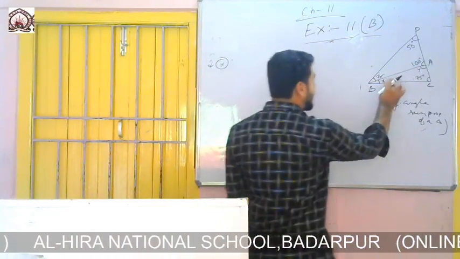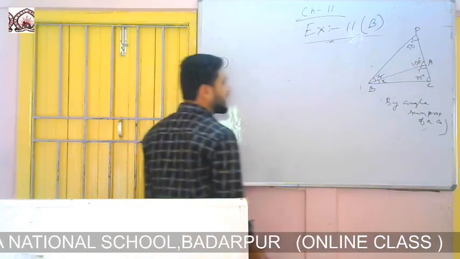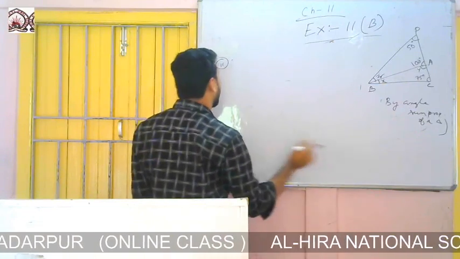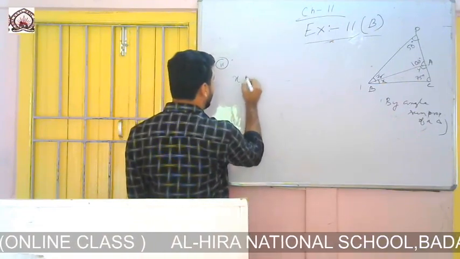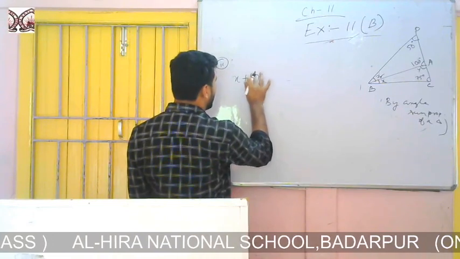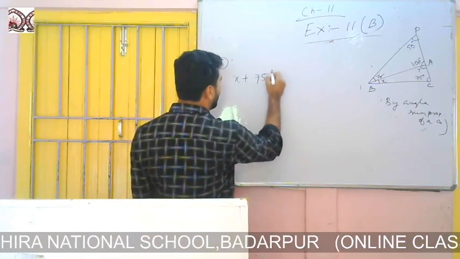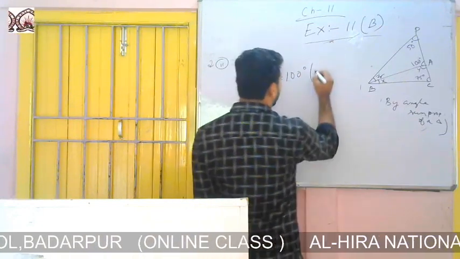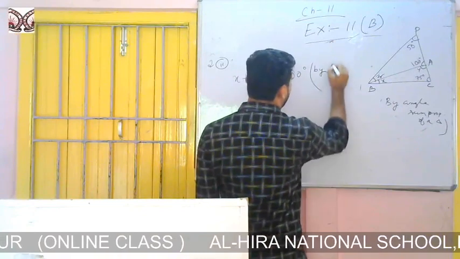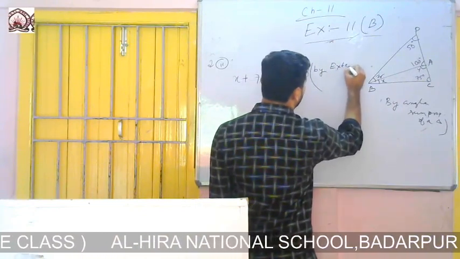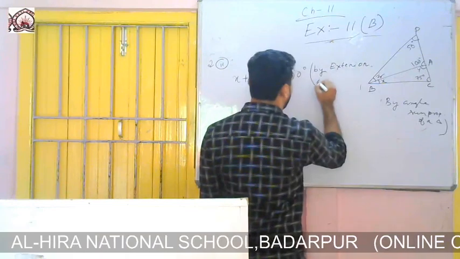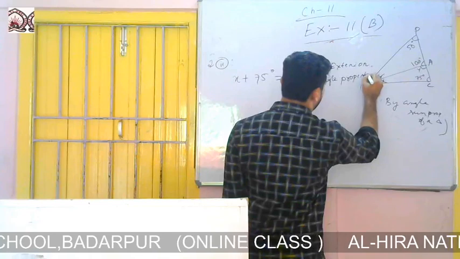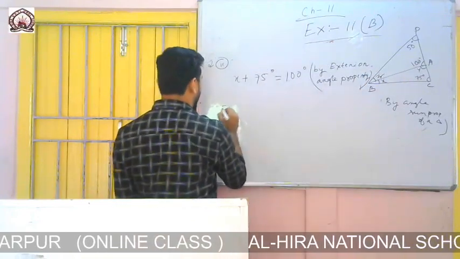So I can write X plus 75 degrees equals to 100 degrees, because these are the two interior opposite angles. Write in bracket by exterior angle property. So from here I can find X.